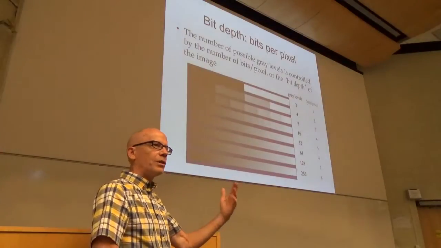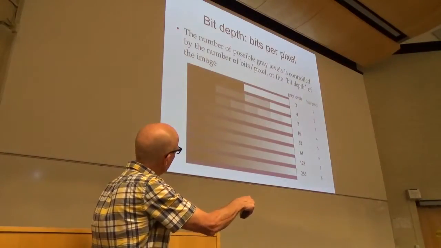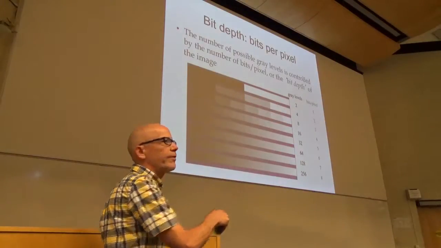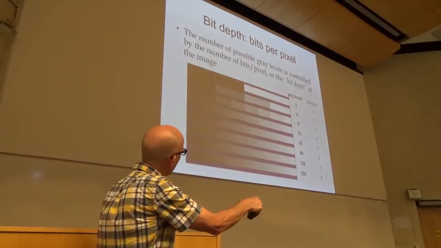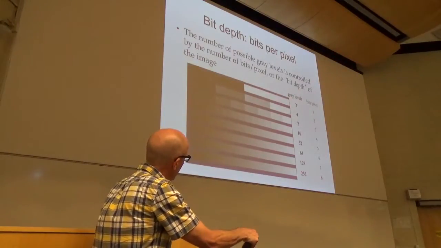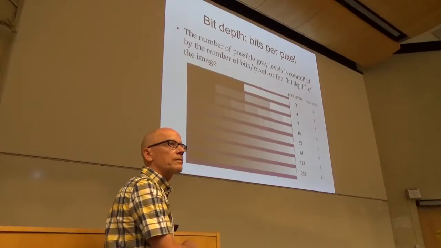And your image can only be black and white. But if you add more bits, 2 bits, suddenly you have 4, right? Black, white, and 2 grays intermediate. You go all the way down to 8-bit, and essentially to us, this looks continuous.